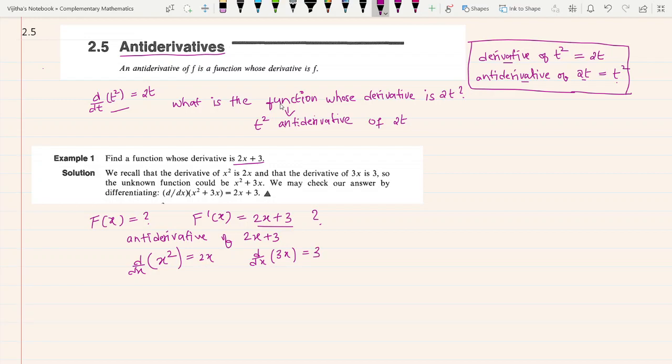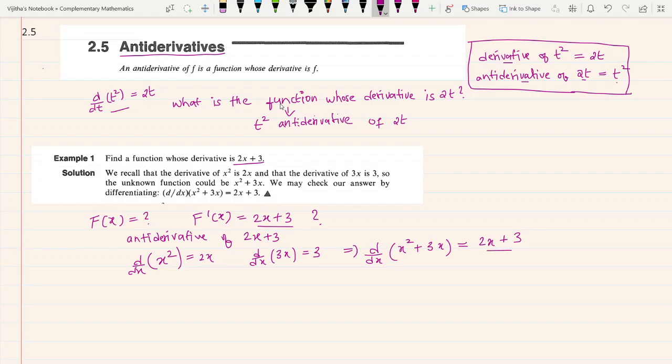So we conclude that d by dx of x square plus 3x is 2x plus 3. So the derivative of x square plus 3x is 2x plus 3. It means that the antiderivative of 2x plus 3 is x square plus 3x, the function whose derivative is 2x plus 3.